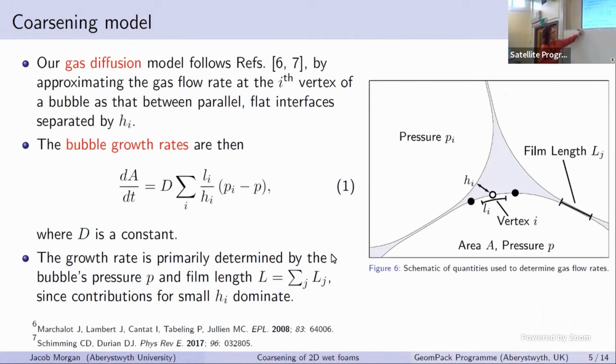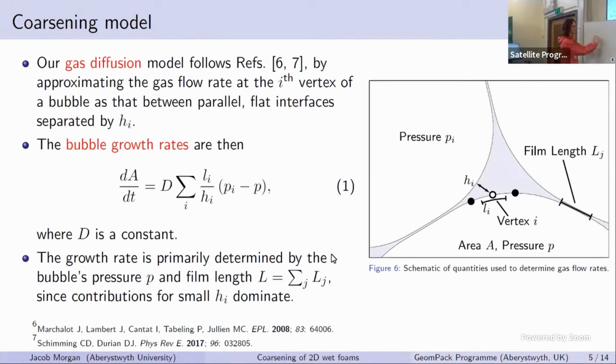So if I have a plateau border, and then say a film, and then another plateau border, then I can identify the films by the vertices that are experiencing a positive disjoining pressure. So I know that a vertex here is in the film for that reason. And then, having identified the vertices which are in the films, I can then fit a circle to this interface here.